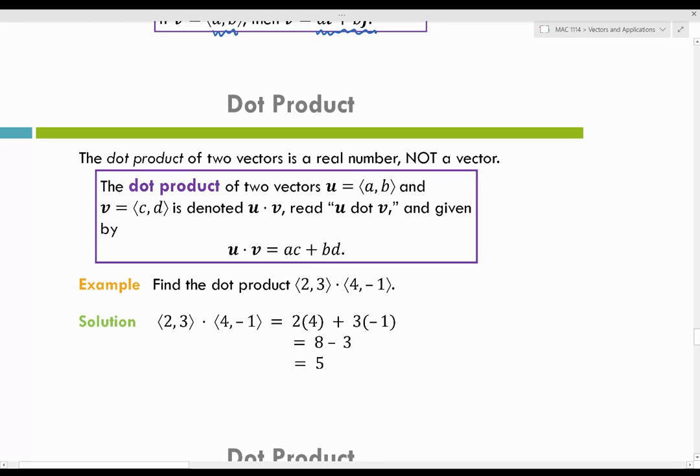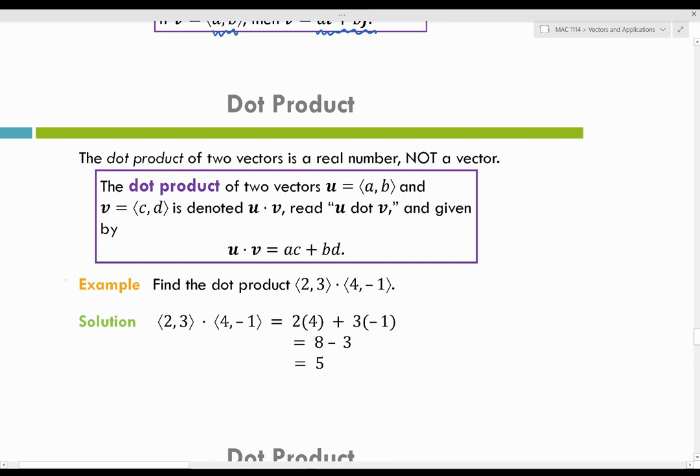So the dot product is defined. It says the dot product of two vectors, where u equals ⟨a, b⟩ and v equals ⟨c, d⟩, is denoted by u dot v and given by the following equation. u dot v equals the horizontal components of both u and v multiplied together plus the vertical components of both u and v multiplied together, and you're adding those two products. So your end result is going to be a real number, not a vector.